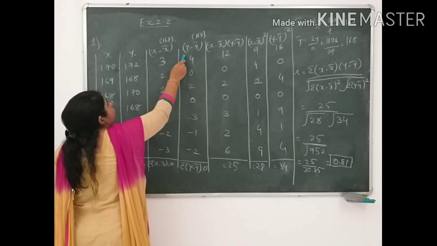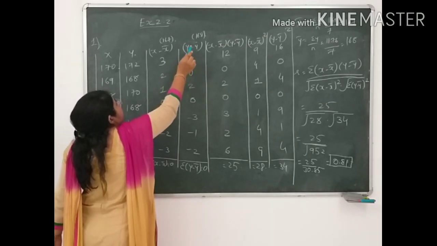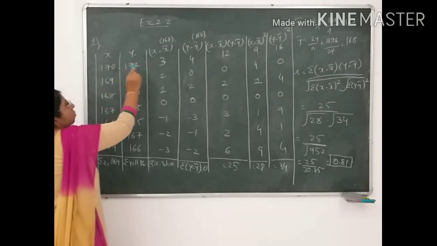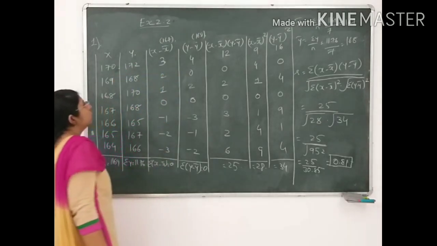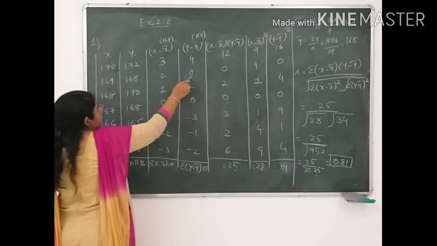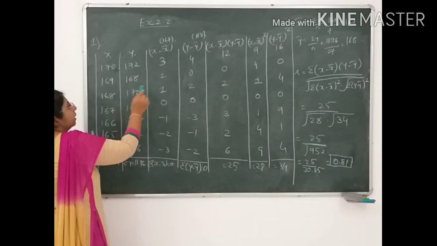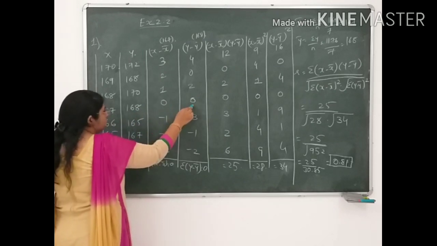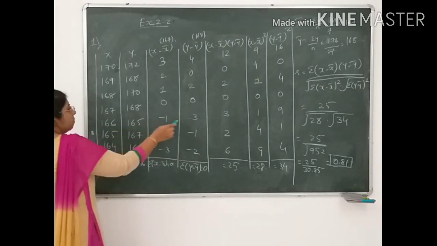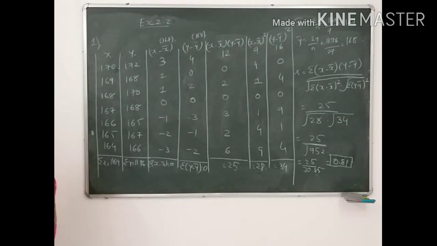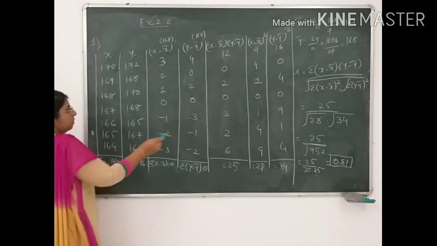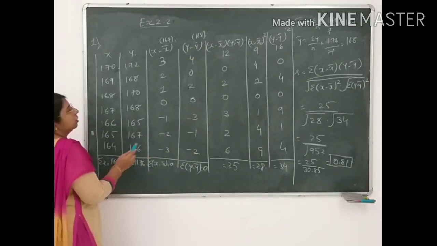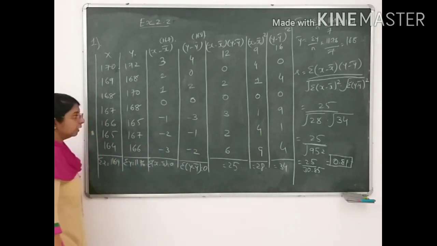So each and every value of y will be subtracted from y bar, that is 168. So the first y value is 172. So 172 minus 168 would come plus 4. 168 minus 168, so 0. 170 minus 168, so plus 2. 168 minus 168, so 0. 165 minus 168, so negative 3. 167 minus 168, so negative 1, and 166 minus 168, so negative 2.